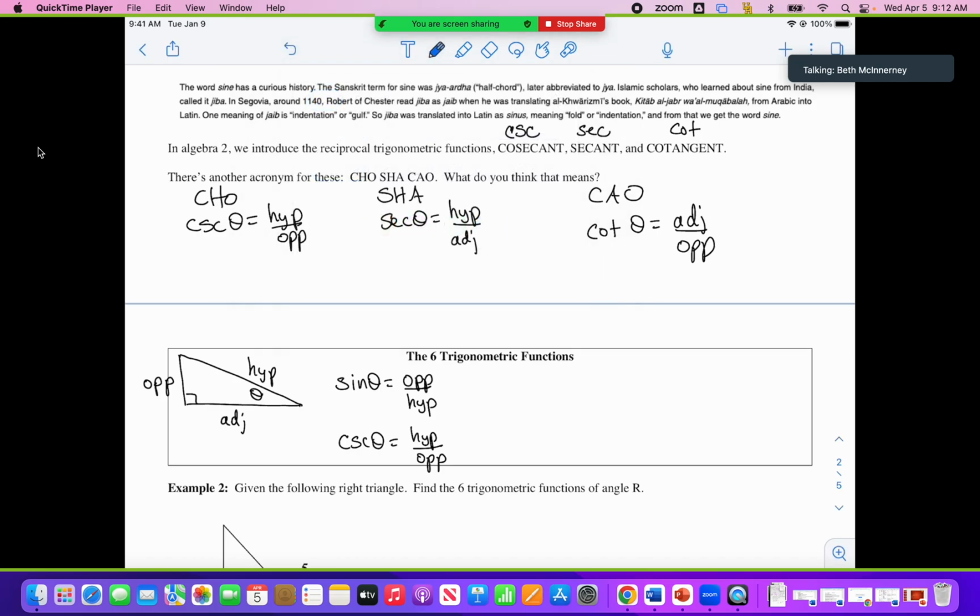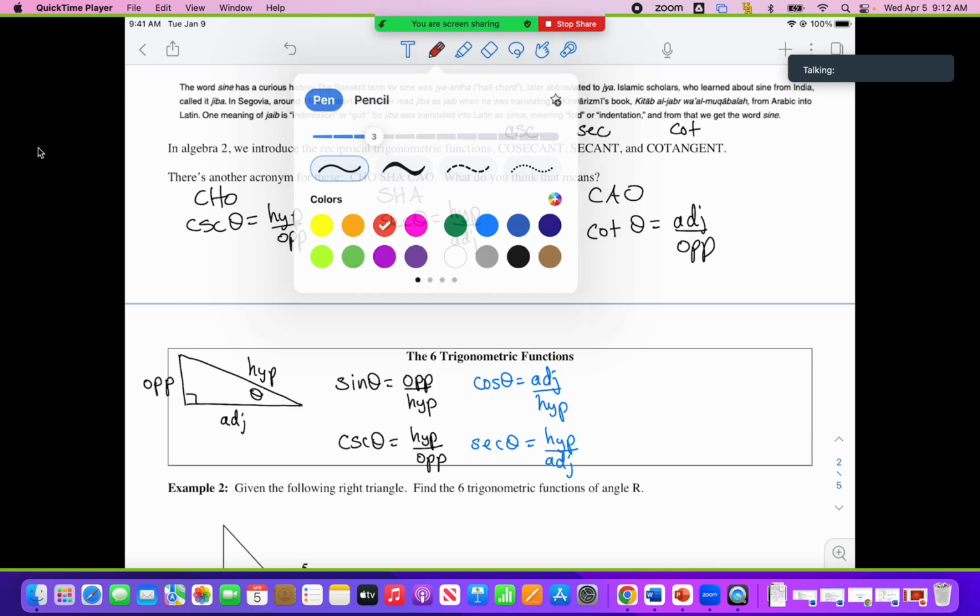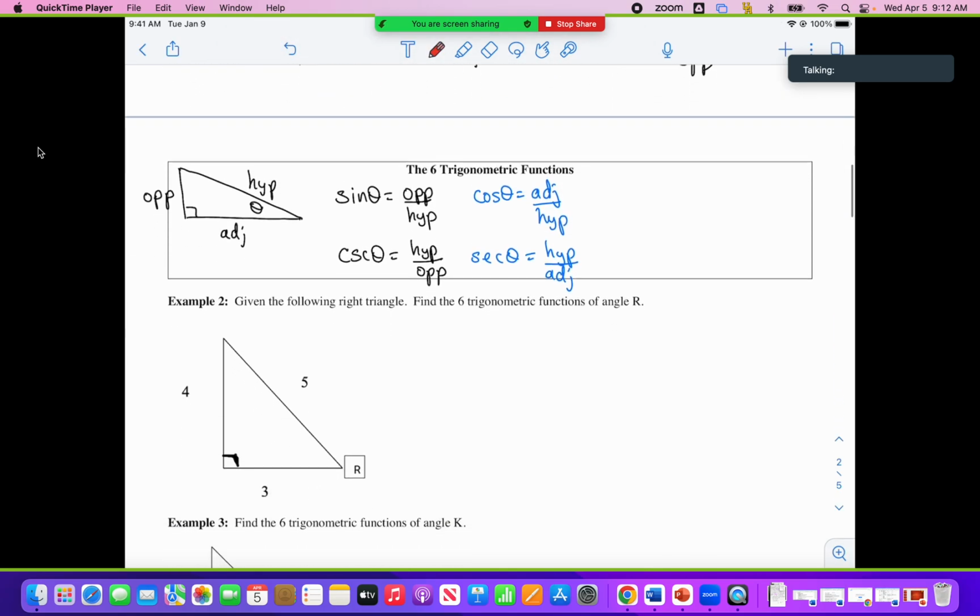These are called reciprocal pairs. Cosine theta is adjacent over hypotenuse, so secant theta is hypotenuse over adjacent. Then my third pair: tangent theta is opposite over adjacent, so cotangent theta is adjacent over opposite.